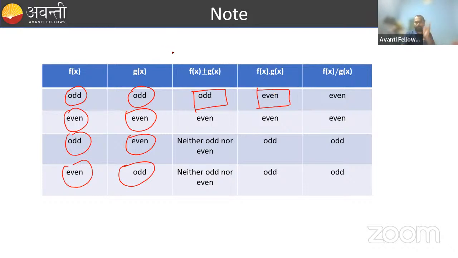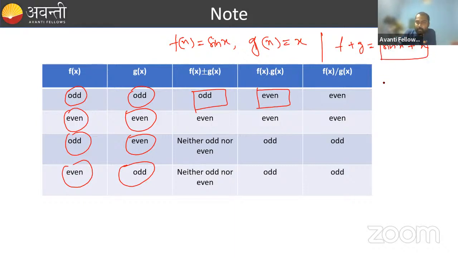For one example, suppose we take an odd function f of x is equal to sin x, and for the sum of two odd functions, suppose I take g of x is equal to x. So f plus g, what are we getting? Sin x plus x, right? If you check this function, what are you getting?